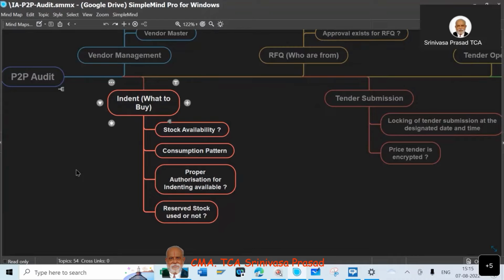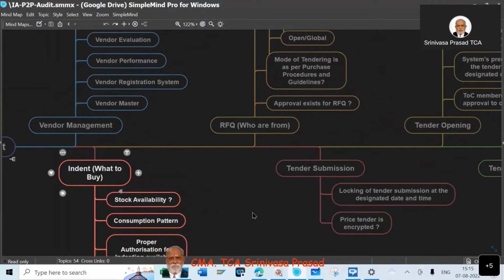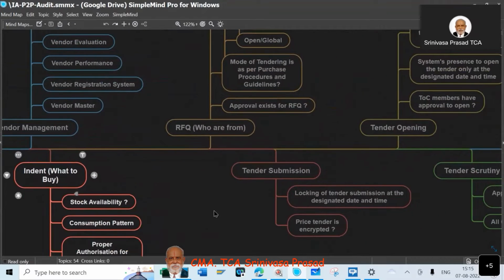They go into all those details, whether somebody has reserved the stock and not used it, whether it can be released and whether proper authorization is available. And if it is not so, what is the issue? All those things we saw last week.